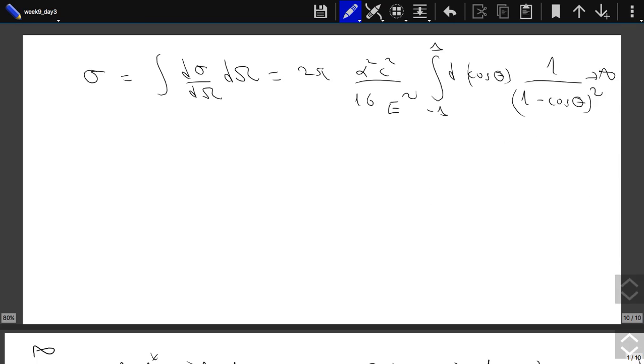When cosine theta is close to 1, for the forward scattering, it diverges. Well, it basically means that cosine theta equal to 1 is no or almost no scattering. So the total cross-section corresponding to almost no scattering is very huge.